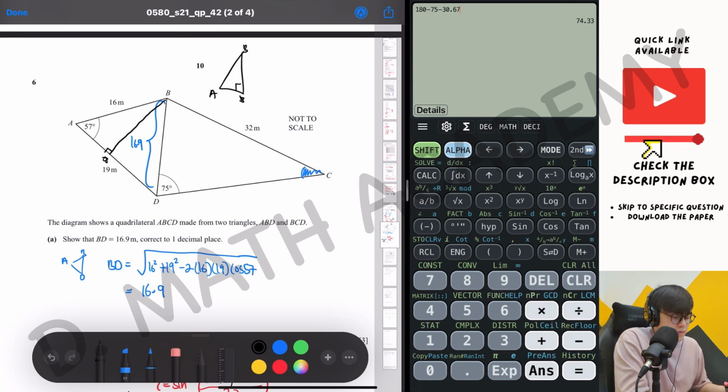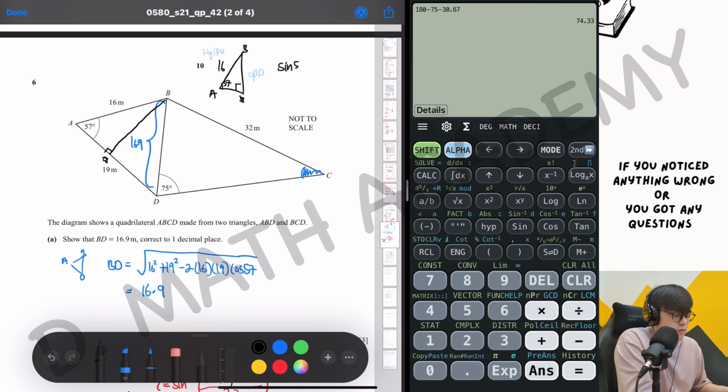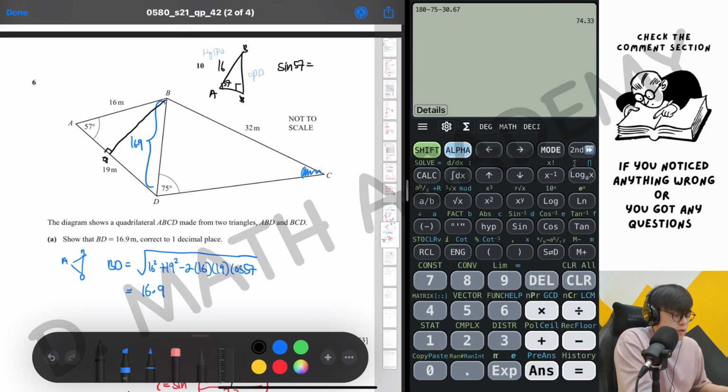We have 16, we have 57. So this will be our opposite, and this will be our hypotenuse. From here, you use sine 57 equals to the unknown that we are looking for over 16.